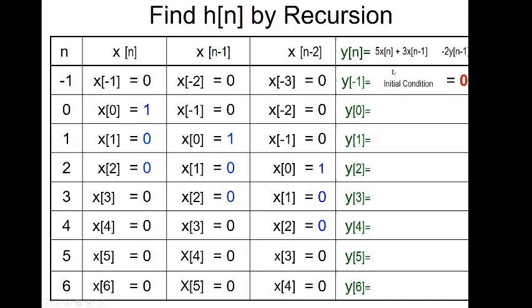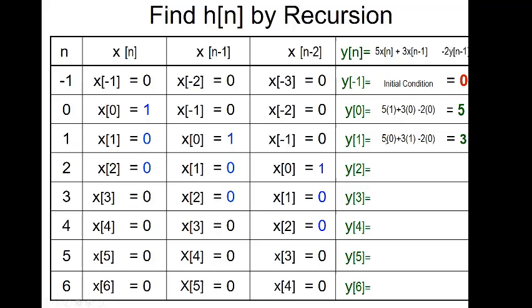First, in the first row, we put 5 times 0 plus 3 times 0 minus 2 times 0, which gives us 0, and that's our initial condition to get going. In the next row, at n equals 0, we take 5 times this column, so 5 times 1 plus 3 times 0 minus 2 times 0 gives us 5. Then the next row, we have 5 times 0 plus 3 times 1 minus 2 times 0.